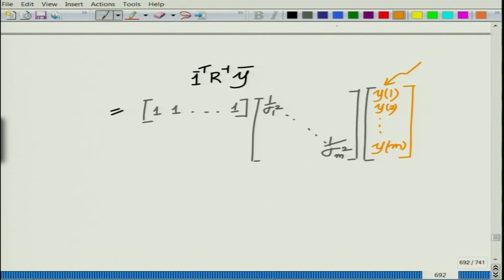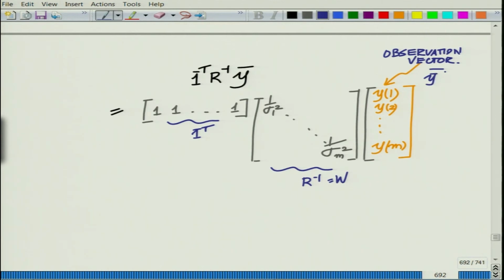Okay, this is your observation vector, and this is your 1 bar transpose, this is your R inverse, that is your weighting matrix, this is y bar.